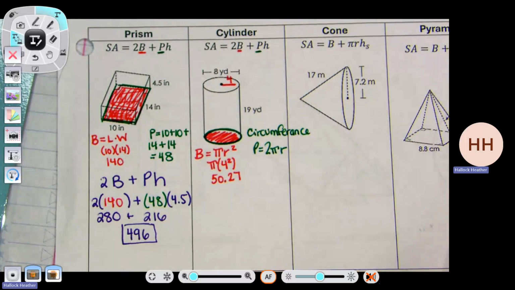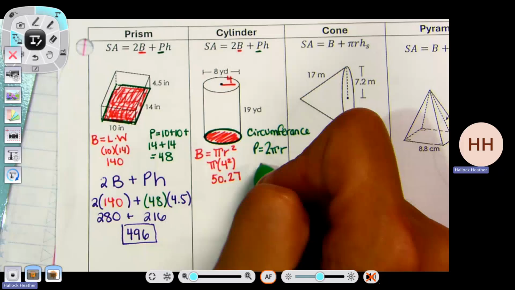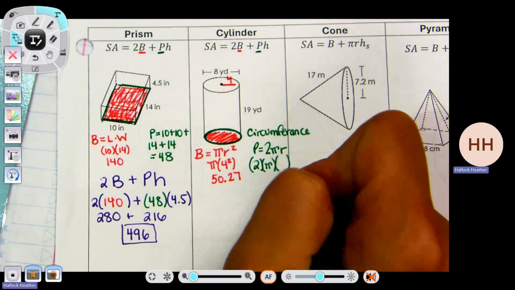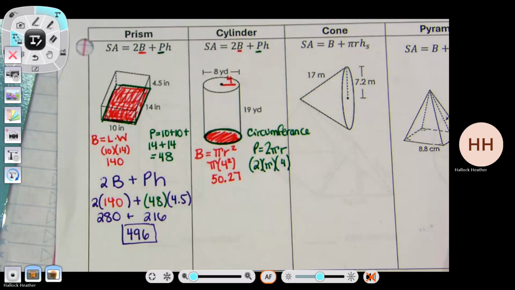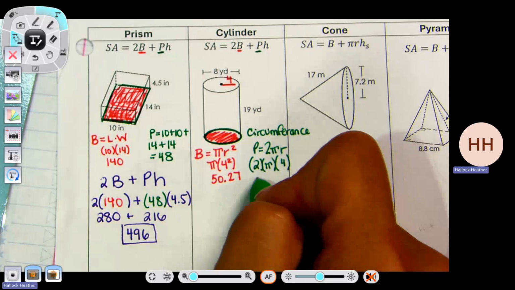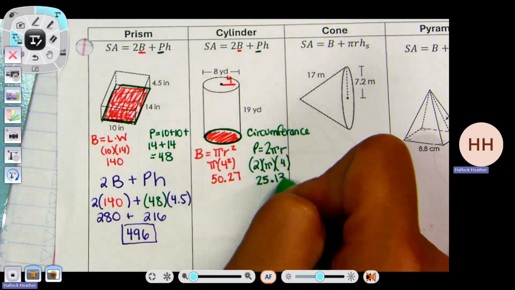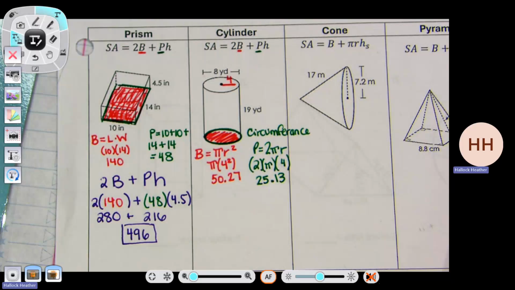So 2 pi r, because we have to use circumference. Okay, so I'm doing 2 times pi, radius is 4. So we get 25.13. So using the same formula, my perimeter is my circumference, which is 25.13. I have my area of my circle, which is 50.27.